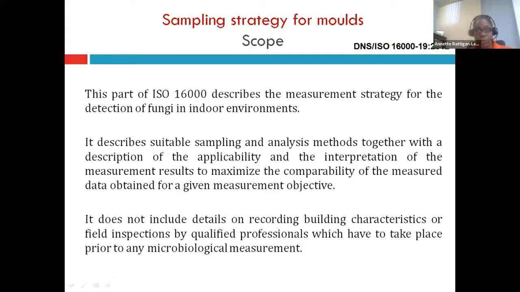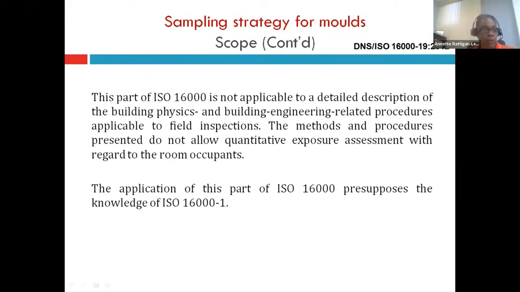This is a whole different exercise in and of itself. And essentially, to conclude, Part 19 is structured so that it references, or has its base in, Part 1 that we just went through for the general aspects of sampling strategy under the ISO 16000 series.